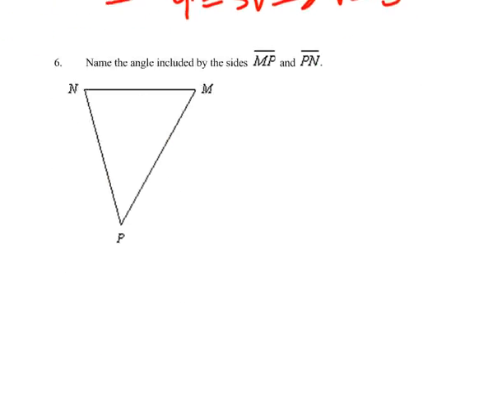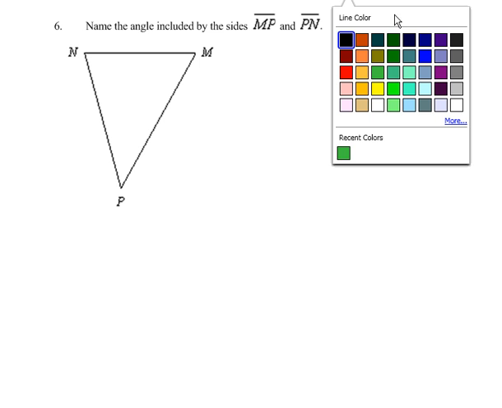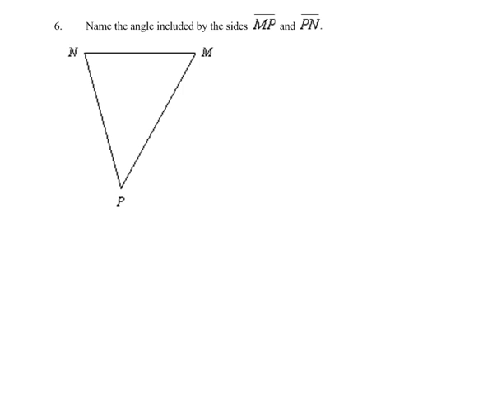Number 6. Name the angle included by the sides MP and PN. Of course, we can look at this. MP, we're looking here, and PN.